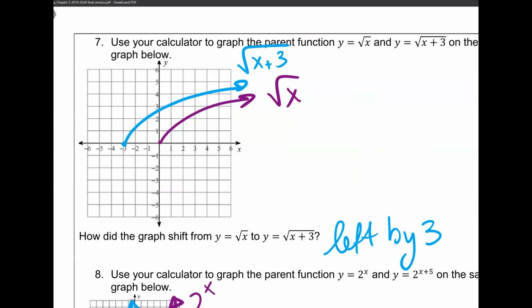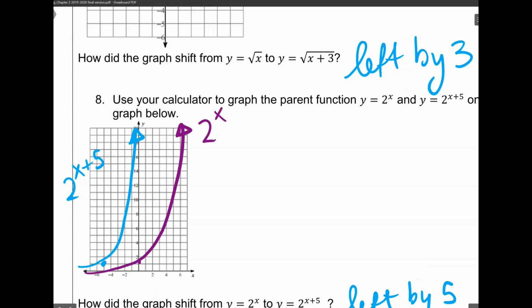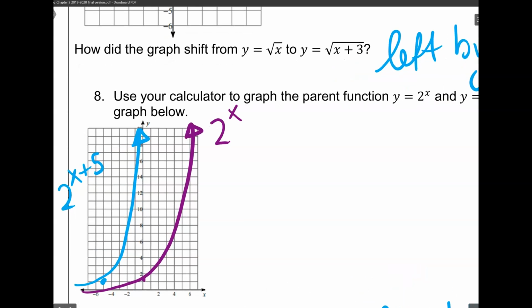So let me just write it so we're all clear. All right, so this is what the graph looks like. But my question to you is, how does 2 to the x plus 5 compare to 2 to the x and then plus 5? What is the difference between these two? So this 5 is not in the exponent.